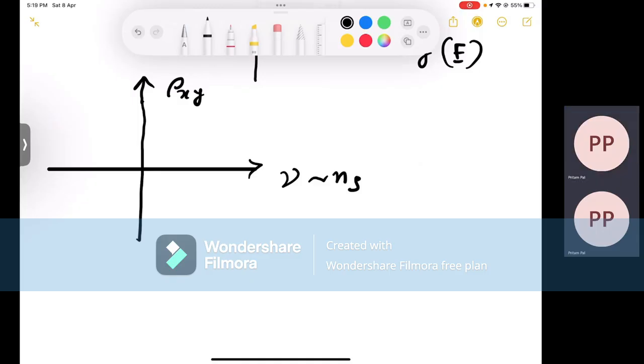But sorry, I have to use sigma. Rho stands for the resistivity, but I want to plot how it will be for the conductivity. So for that, I need to write sigma instead of rho.